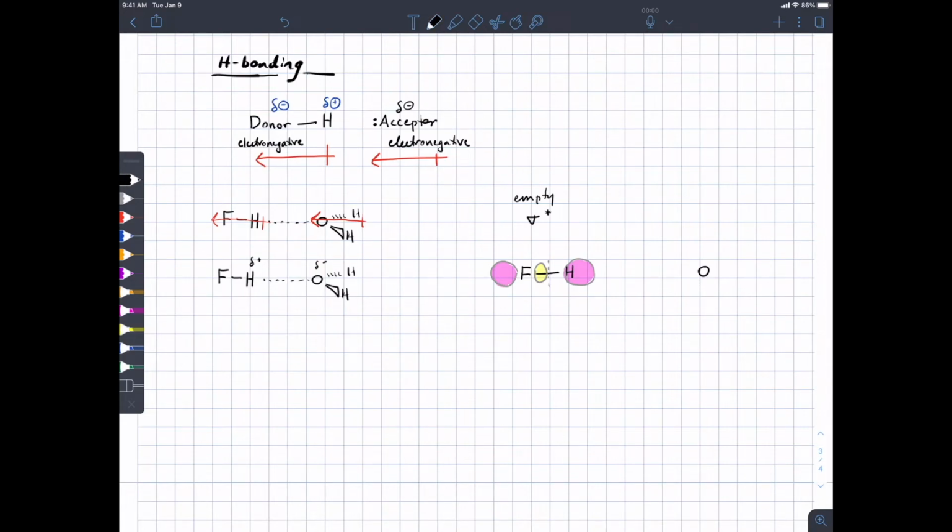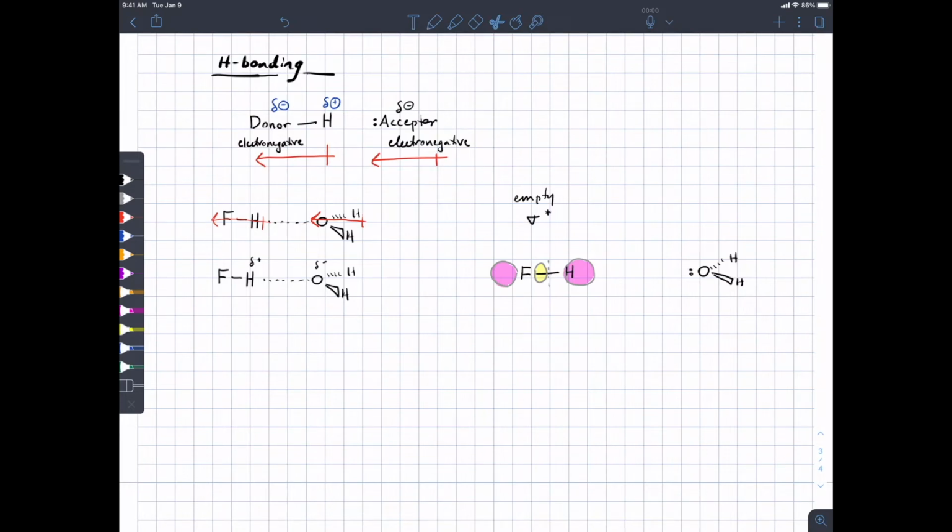And then here we have water. And we've talked about water before as having a P-rich lone pair and an S-rich lone pair. It's not actually going to matter which is which because all of that gets mixed up when a water molecule isn't on its own anyway.